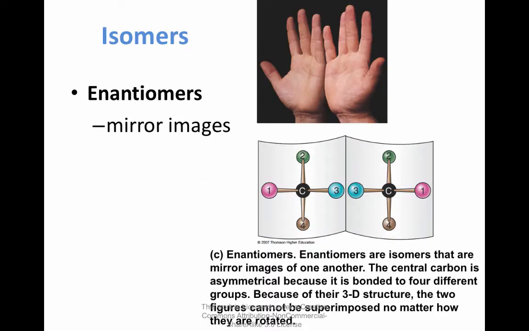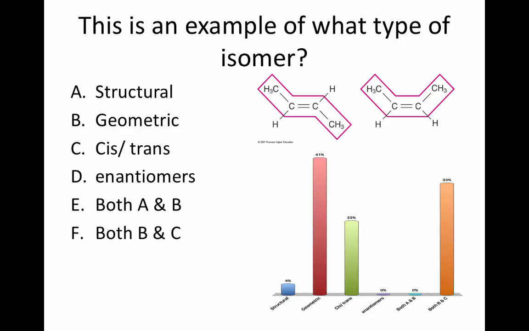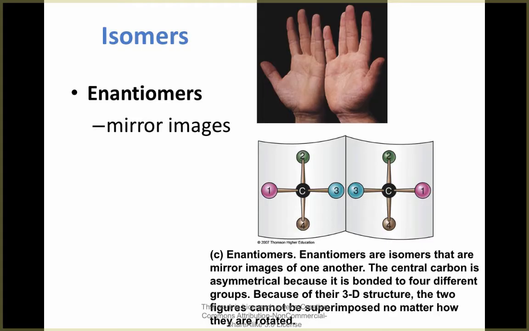The next is enantiomers. And essentially what this means is they are mirror images of each other. Oops, sorry about that. Mirror images. So it's an idea of your hand. If you look down and this were the mirror, you were looking in the mirror, this is what you would see of your hand. So here you notice that you have this carbon in the middle, and essentially they are mirror images of each other.